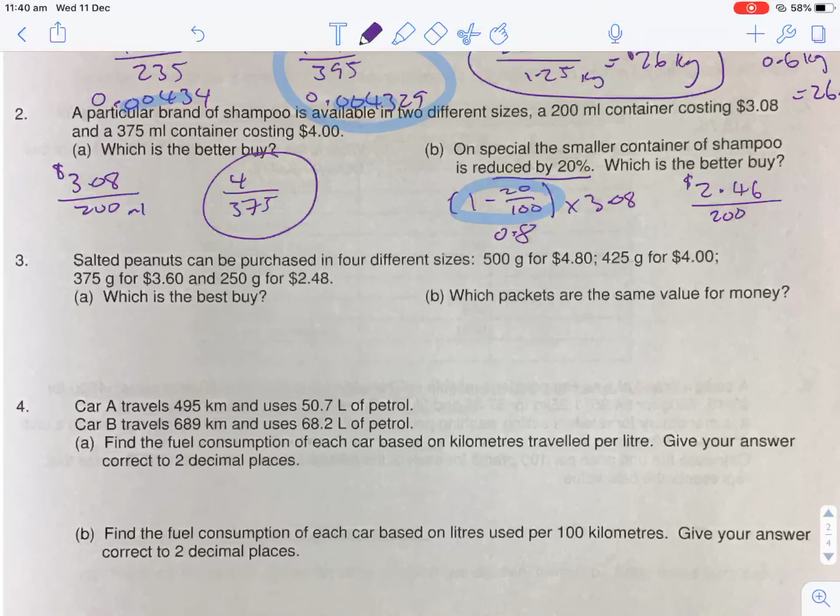So if my original price was $3.08, dividing that by 10 or moving my decimal one spot means that 10% would be basically 0.308 or basically 31 cents. So 20% would be double that, roughly 62 cents. And so I could have just taken that price and taken away 62 cents. So if you have to do it mentally, make sure you remember some of those strategies.